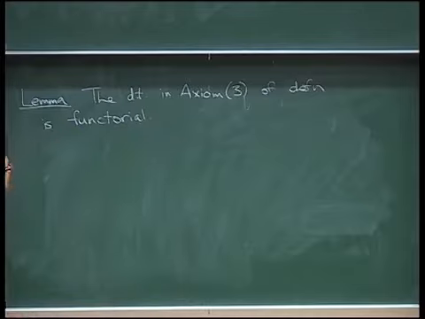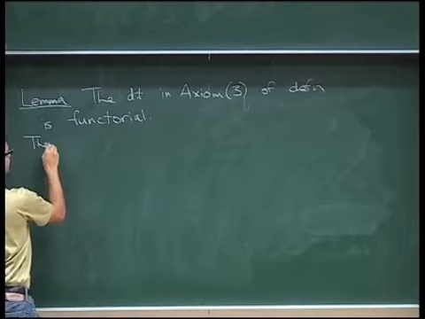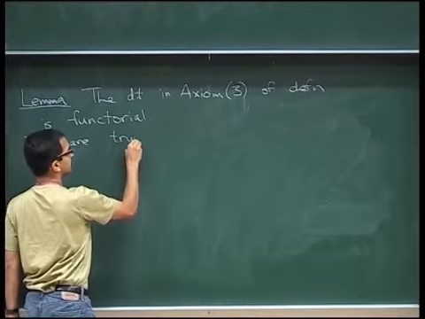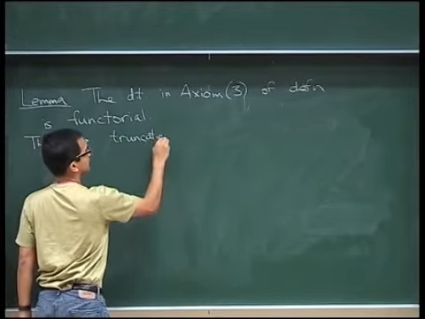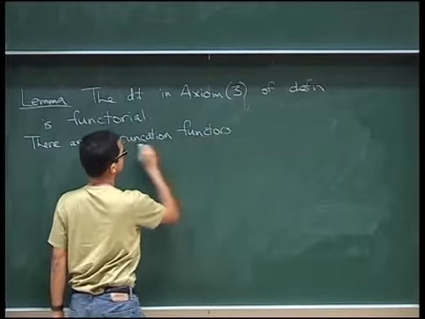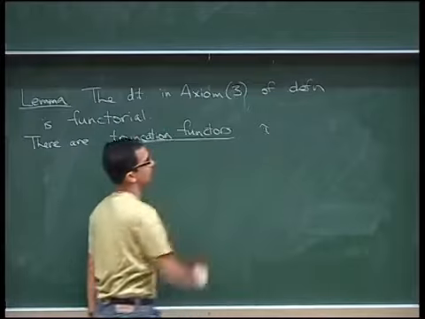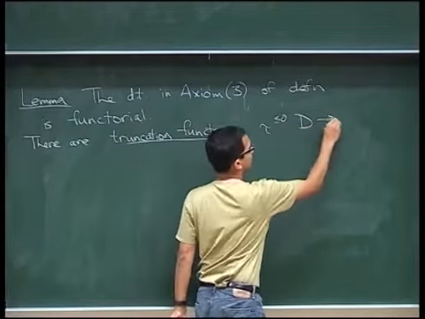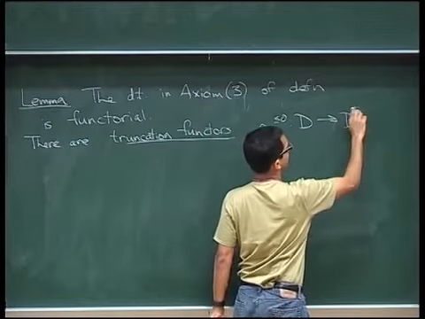Here's what I mean by that. More specifically, there are functors which are called truncation functors: less than truncation functors and greater than ones.